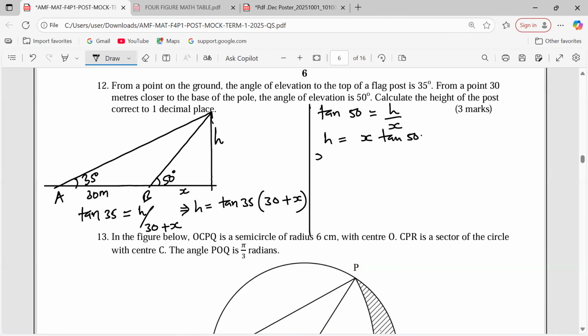We say x tan 50 equals tan 35 times (30 plus x), like that. So tan 35 equals 0.7.